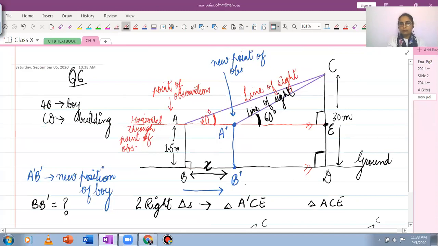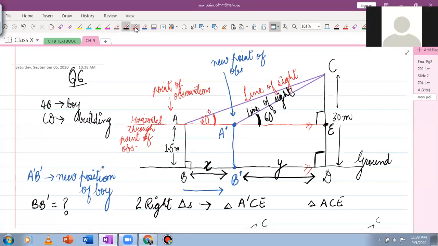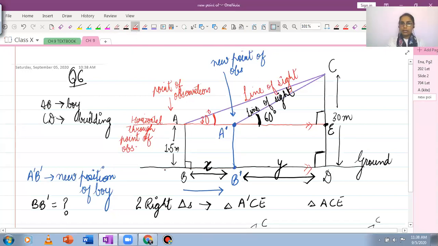Now there are going to happen a few things over here. I'll be working with this complete triangle and the smaller triangle. I'm going to take the distance BB dash as x, and I'm going to take this distance as y. Other than that, if you observe the height of the boy, which is AB, this is 1.5 meters. So that means this vertical line segment will be equal to this vertical line segment. This will be 1.5 meters as well.